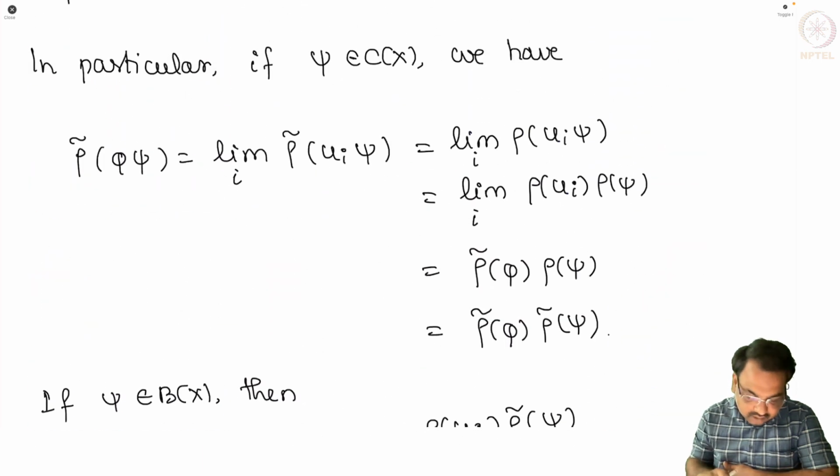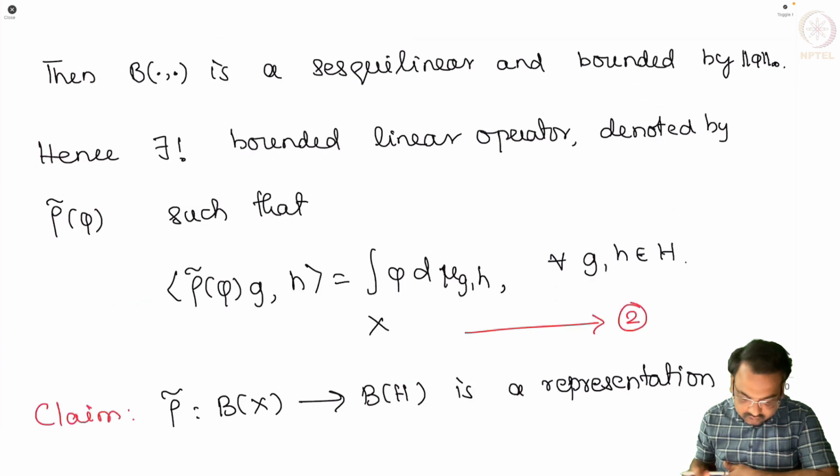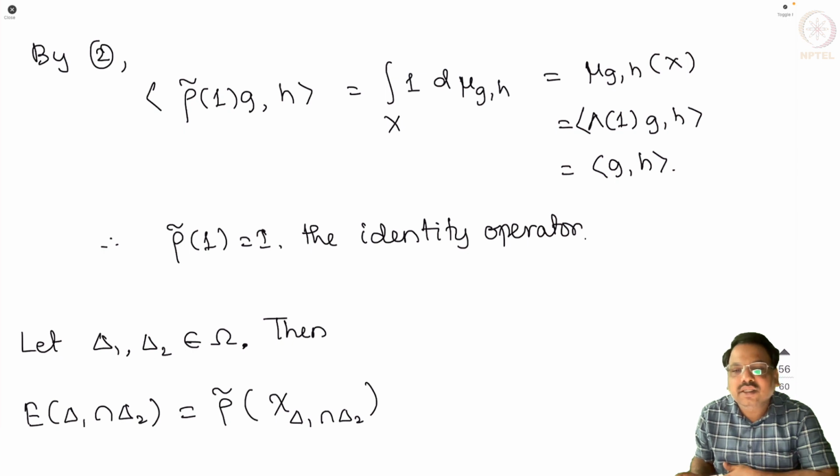So lambda of 1 is the integral over X d mu gh. From that we can show that mu gh at X is nothing but the inner product of lambda 1 acting on g with h, but we know that lambda 1 at g is g, so we get the inner product of g with h. So from this we can say that rho tilde 1 is nothing but the identity operator on the Hilbert space H.